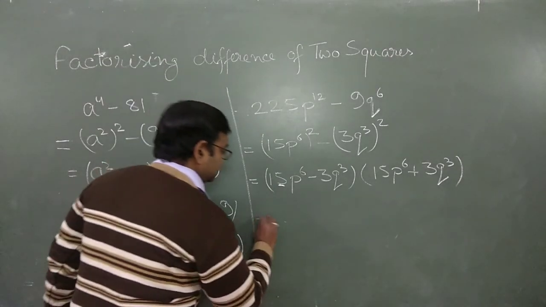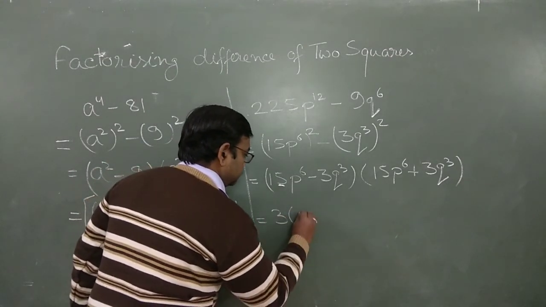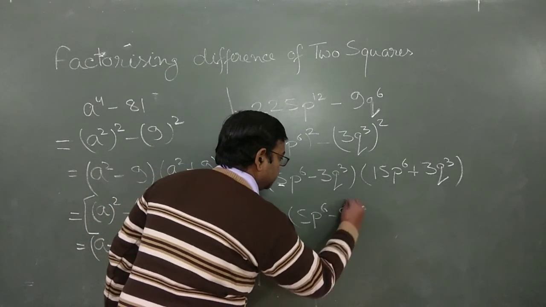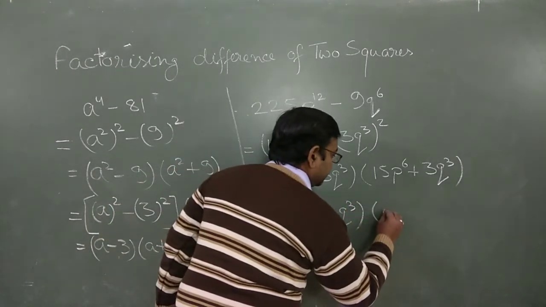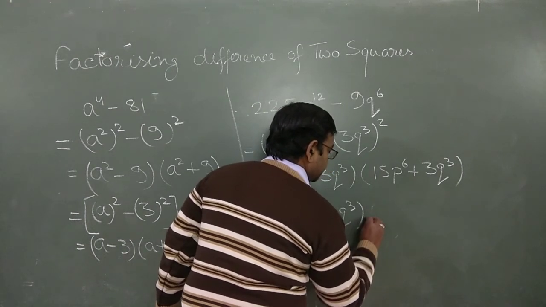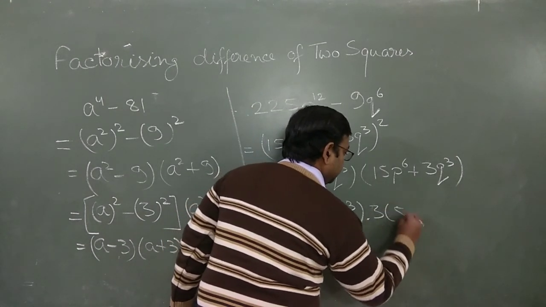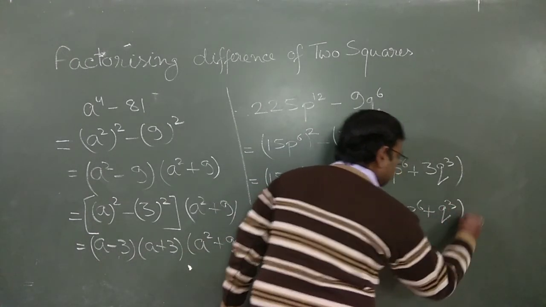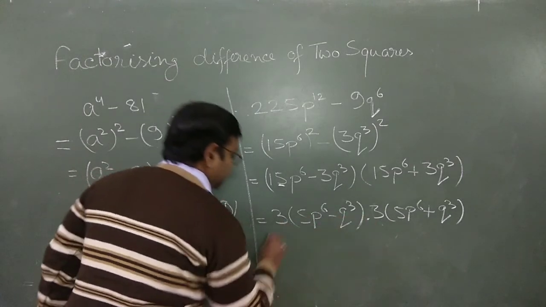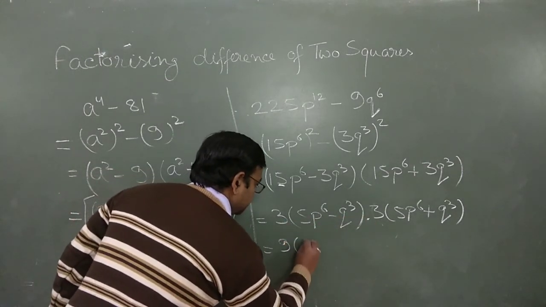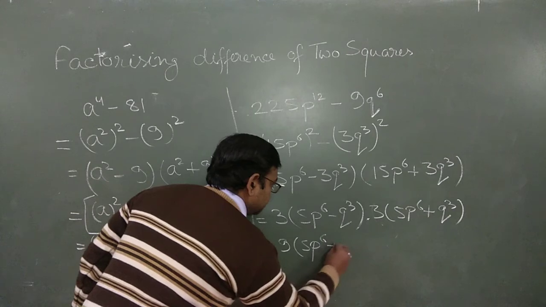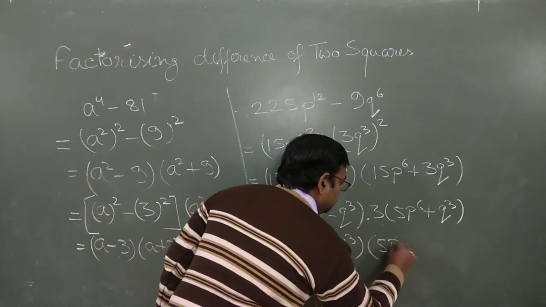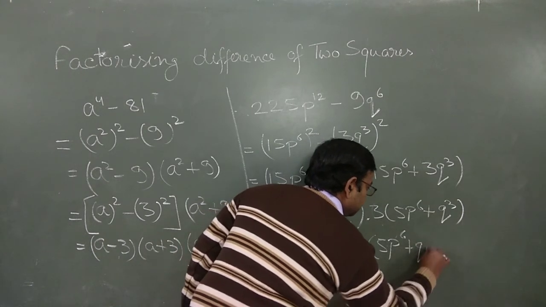So what we have? We have 3 into 5 p to the power 6 minus q to the power 3, or here we can write down into 3 into 5 p to the power 6 plus q to the power 3. 3 into 3, it's 9. 5 p to the power 6 minus q to the power 3, or 5 p to the power 6 plus q to the power 3.